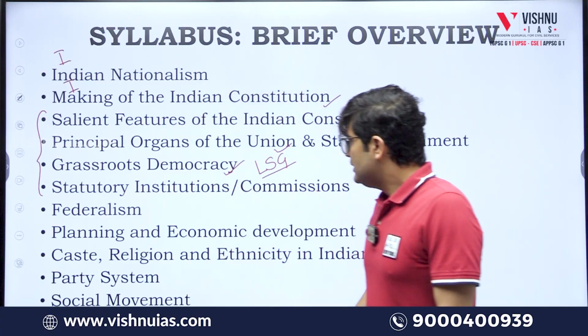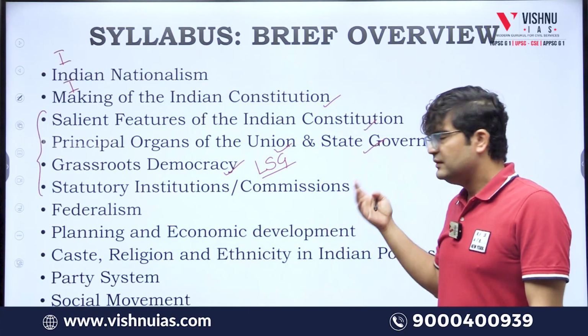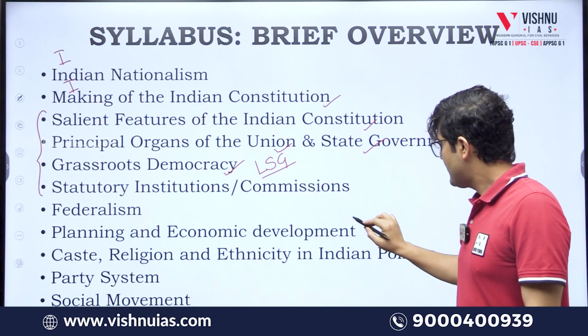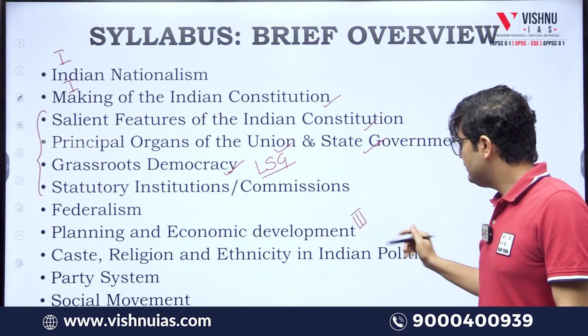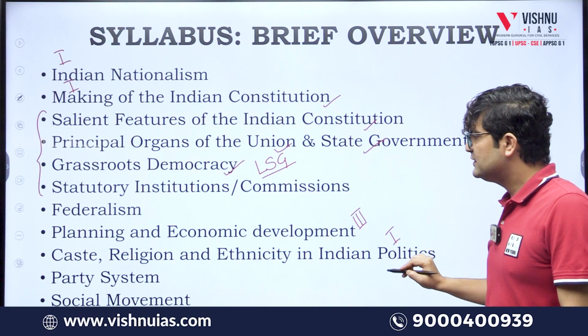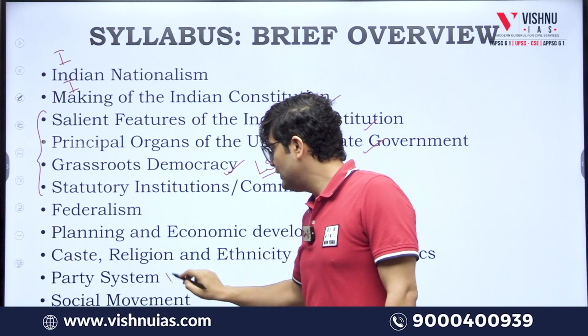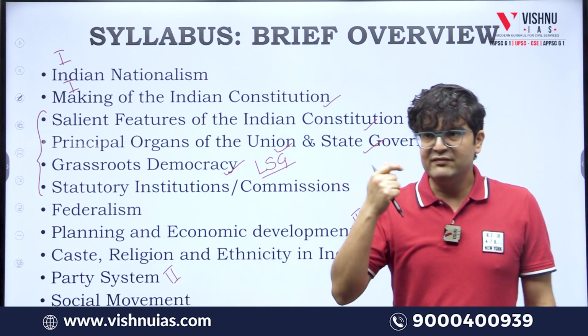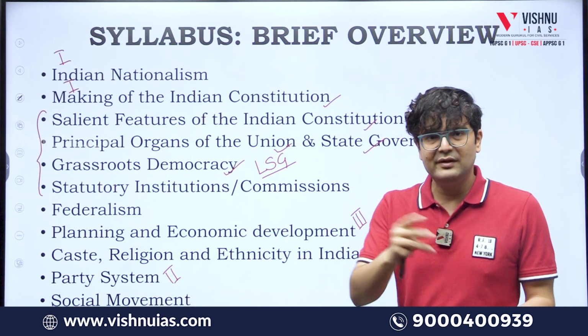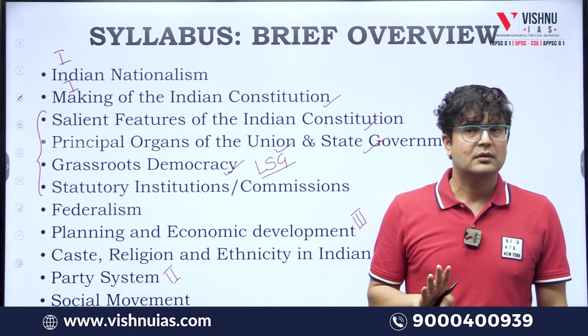Then planning and economic development, this paper 3, some overlap there. Caste, religion and ethnicity, we are back to paper 1 of GS. Party system, we are moving to paper 2. And social movements, women's movements, environmental concerns, 1 and 3, you switch between these two.